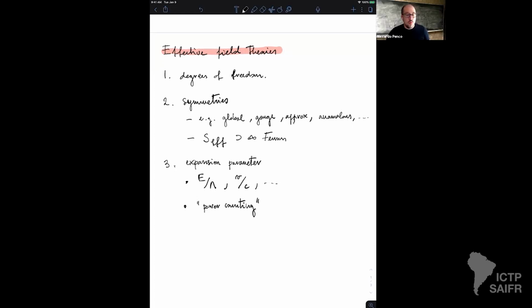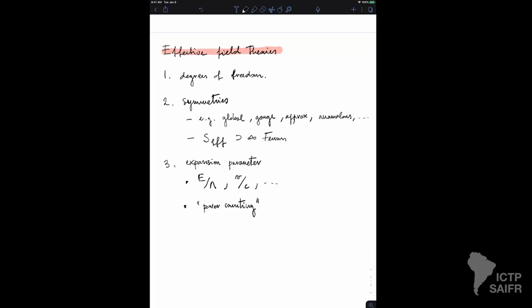No. So what I will try to do in these lectures is to discuss the main tools of effective field theories in the simplest possible context that I could think of.